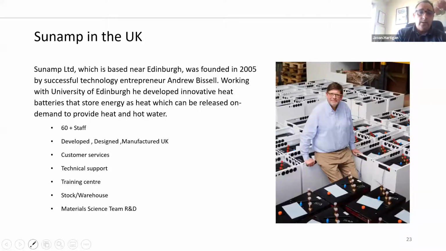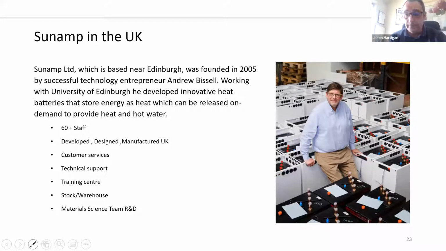So Sunamp, we're based near Edinburgh. We're about 10 miles south of Edinburgh, founded by Andrew Bissell. So I've mentioned before, we work with the University of Edinburgh. But we're a fully UK business. Everything is manufactured, developed, and designed within the UK. So we support jobs within the local community.